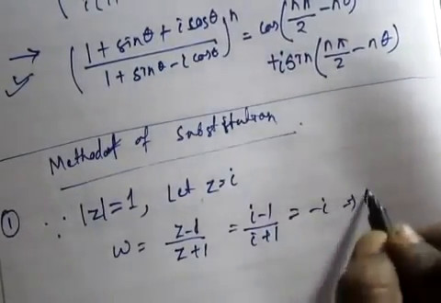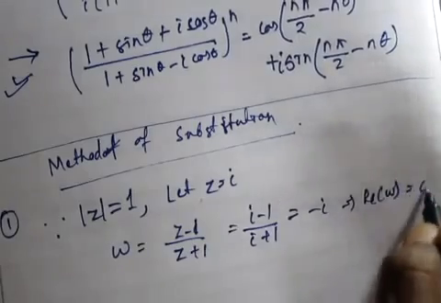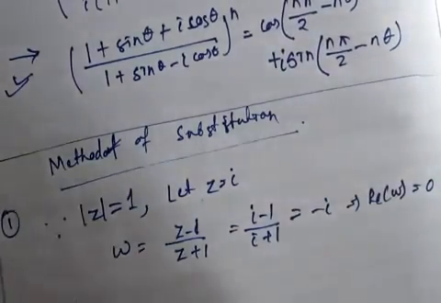So the real part of ω is 0. This implies option A is correct.